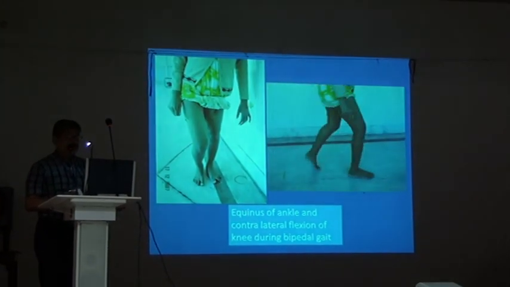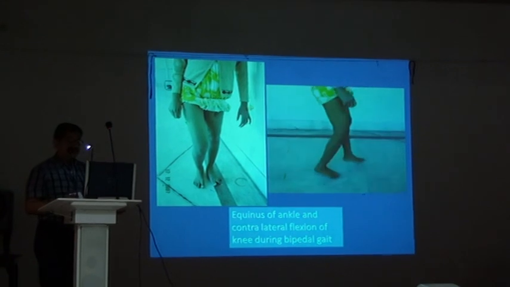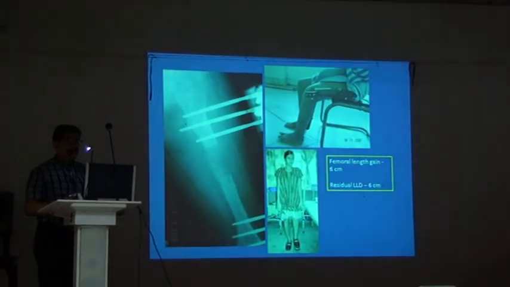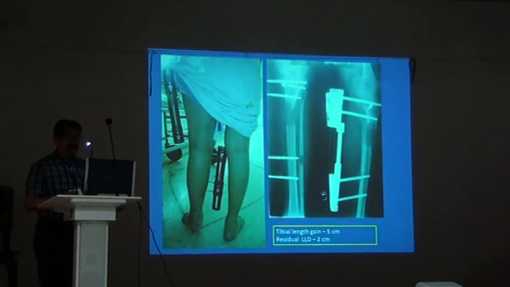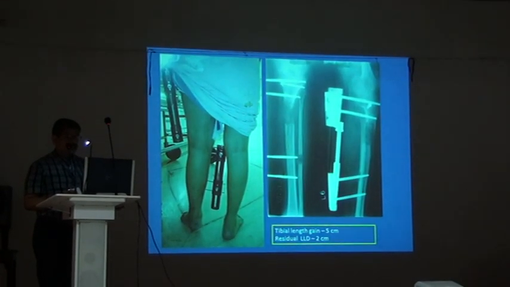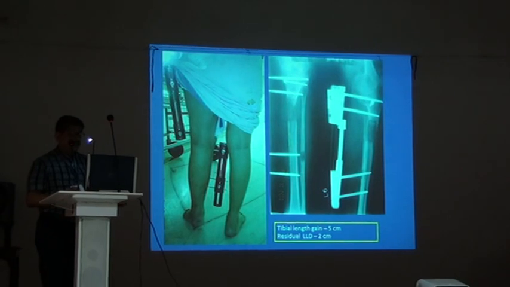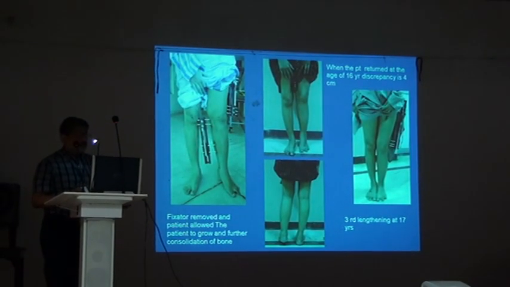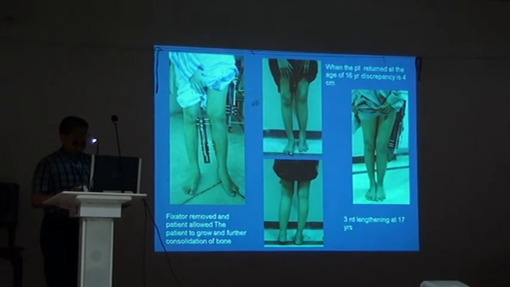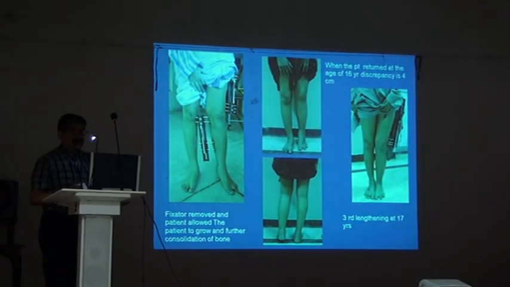This is the pre-operative gait of the patient. Now we did a femoral lengthening and gained 6 cm, and in the second stage we did a tibial lengthening and gained 5 cm. So when these two procedures were completed, there was a 2 cm discrepancy left.